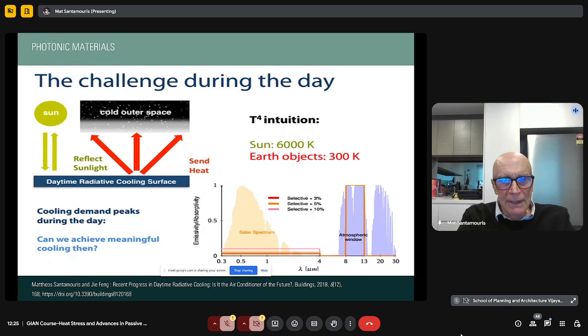Yesterday I explained to you a little bit the idea of the photonic materials. The idea is based on the development of materials with very high reflectance, up to 95%.